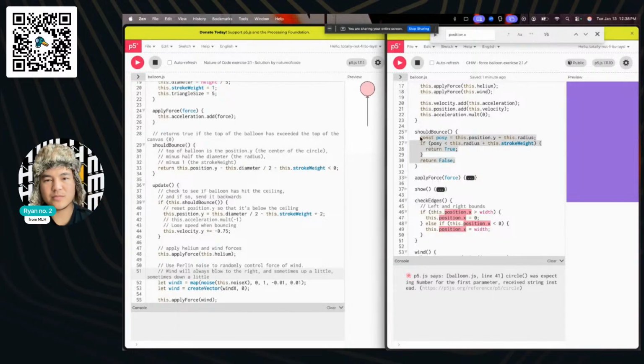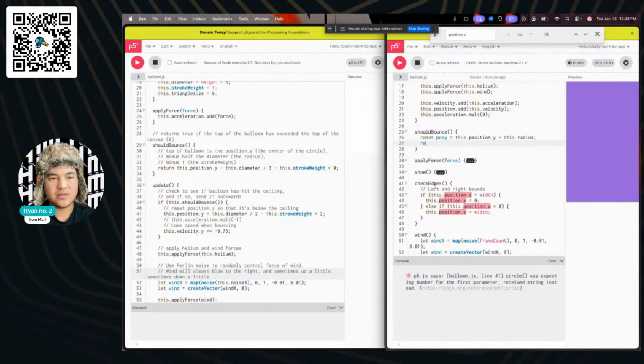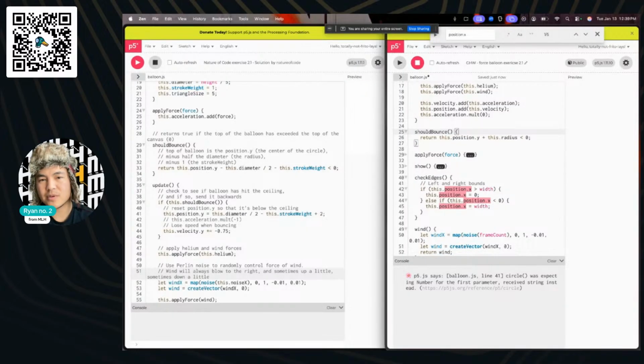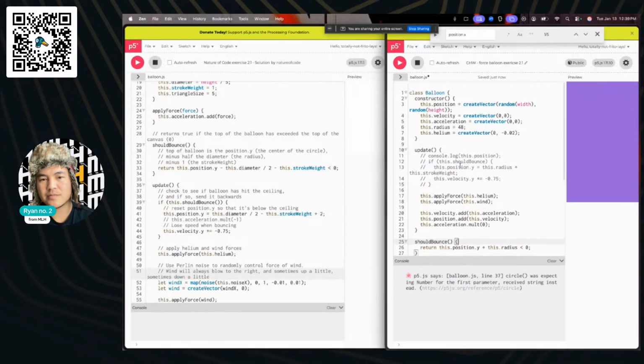I guess, okay, maybe let's start by updating this. This should just be return this.position.y plus this.radius, because we did radius instead of diameter. We're not going to worry about stroke weight, so let's just set that to be that. So we're not going to worry about that. Okay. Let's stop this from running because it seems like it's having a heart attack.